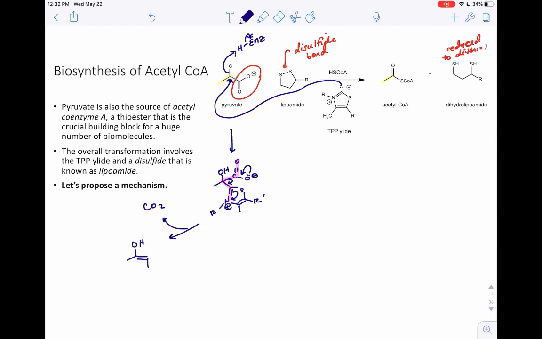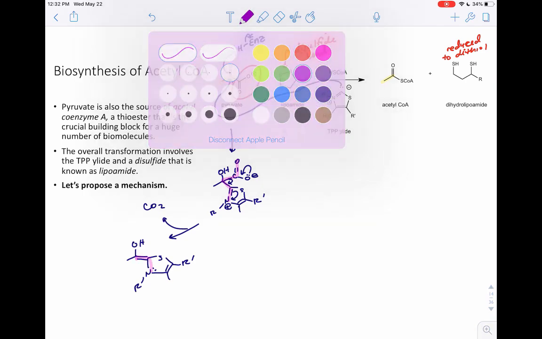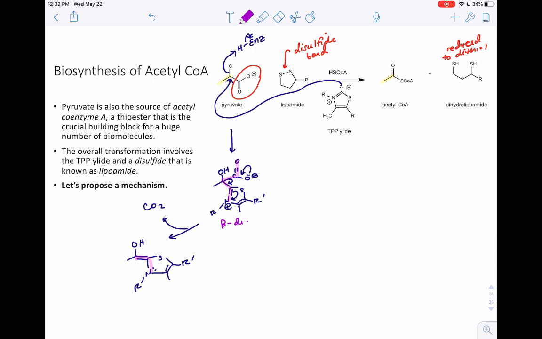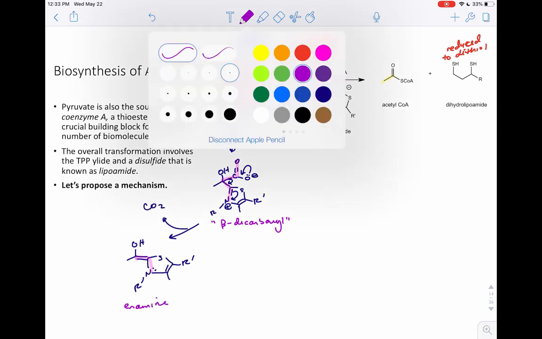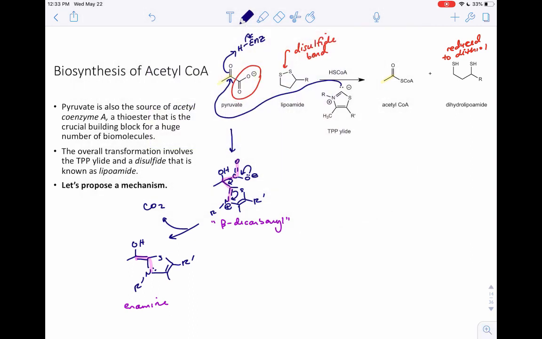And this enol enamine system that we discussed before, okay, so here's the enamine this time. So we're going to go ahead and use that to do the next step.